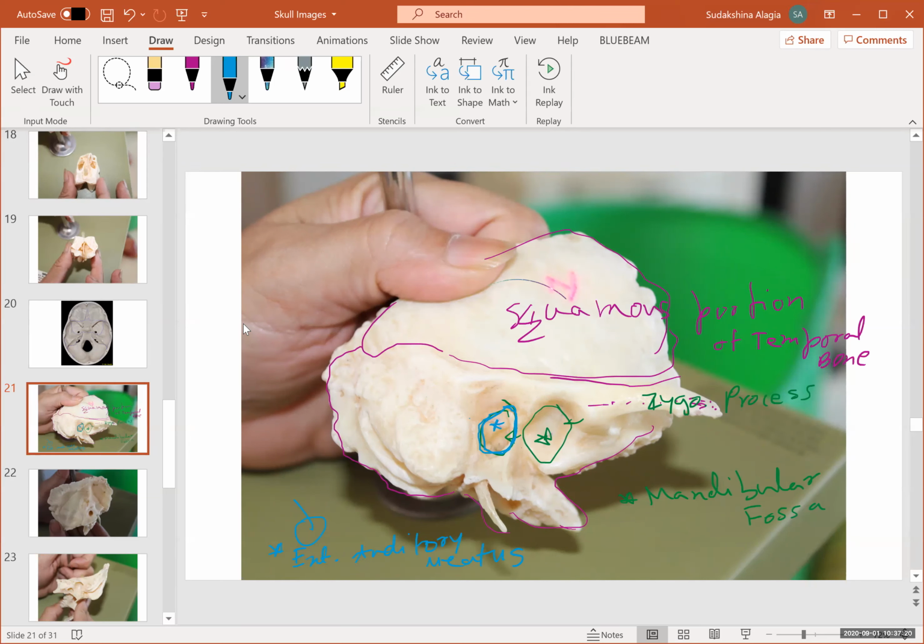Mastoid means something that has mass, thick. So look at this: thick, has mass. Process is a protrusion; this actually protrudes. So this is the mastoid process.